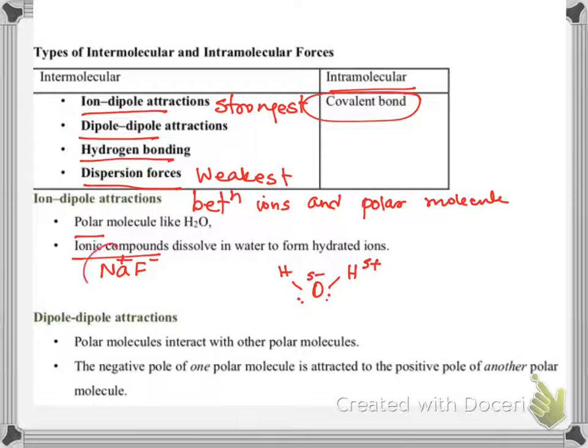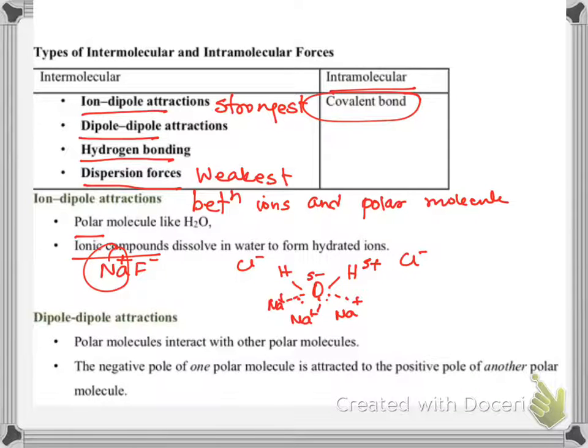All these sodium ions, since they are positively charged, are around the oxygen, and chloride ions are around hydrogen. So this is basically an ion dipole attraction. Ionic compounds dissolve in water to make hydrated ions.